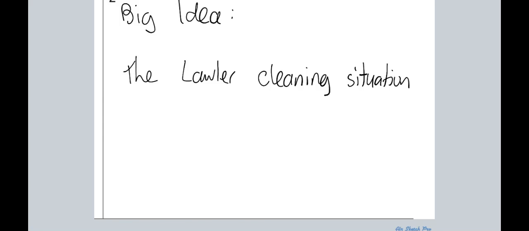In the case of reciprocal functions and rational functions, we have this idea of inverse variation, and that's what I'm going to tackle now through this big idea. I'm just going to go through a couple of scenarios with you. One very simple one, the Lawler cleaning situation, and then a slightly more complex version.